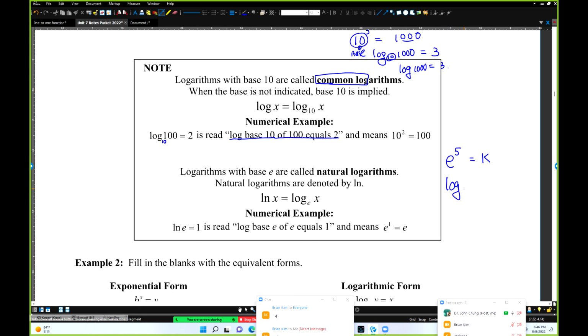Log base e of k equals 5, right? That is the expression. But this log with base number e happened a lot, okay? This is also very common, but because we use common log already for base number 10, for base number e, we use this one, e is one natural number, okay?